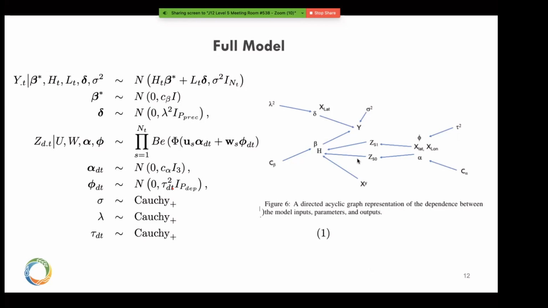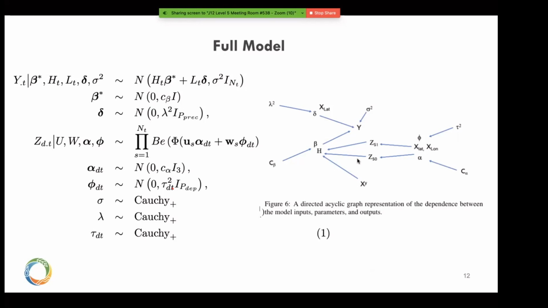And then we put normal priors on the regression coefficients, and we put folded Cauchy priors over the variance parameters, because there's been a lot of work showing that these folded Cauchy priors are not as sensitive as the inverse gamma, which shrinks things too much to zero.